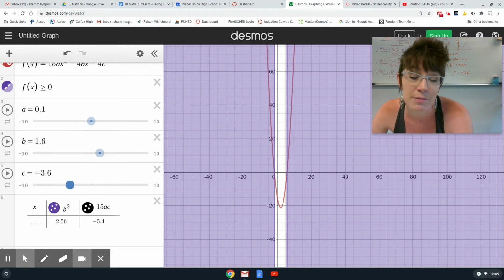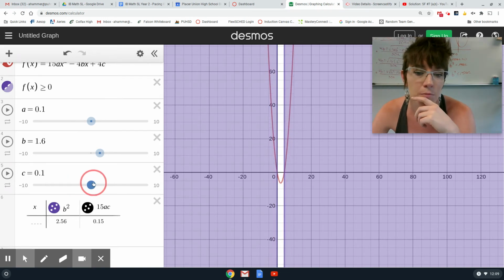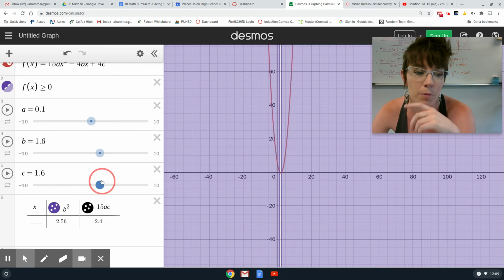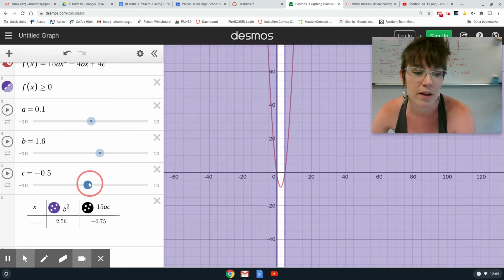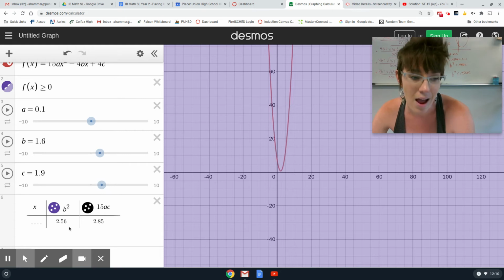B squared is bigger than 15ac right now, and I have white space. But if I move the slider to a point where it's all purple, watch what's happening to the values in the table down here. B squared is bigger right up until that purple is everywhere. The white space is gone. And now b squared is finally smaller than 15ac.